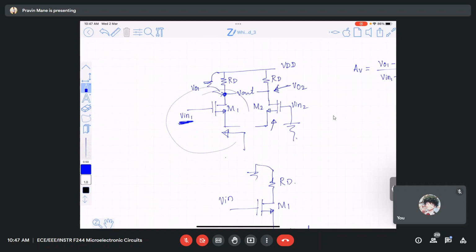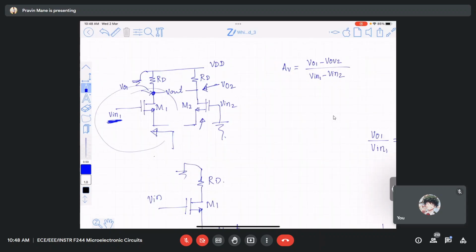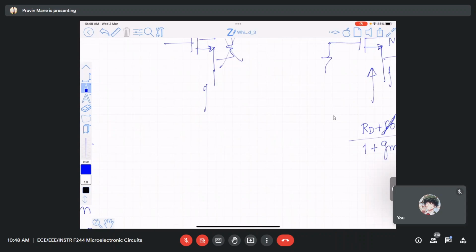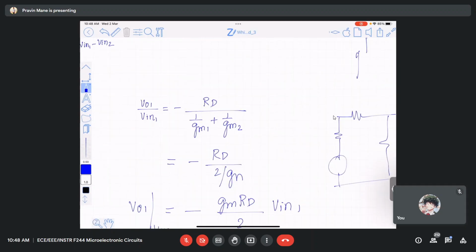Suppose I give you a circuit something like this. Sir, it is the voltage source in series with the total resistance that we see.